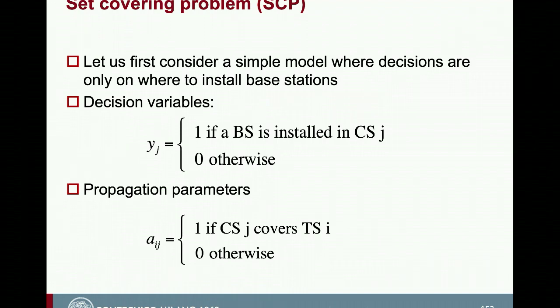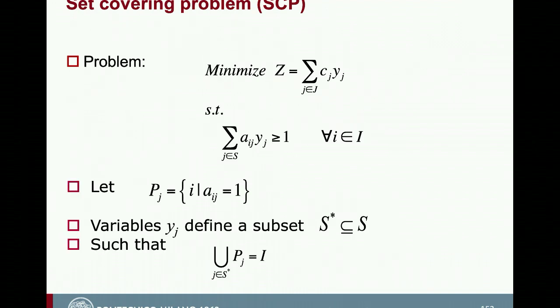For the first case, we are neglecting the aspects of configuration of base stations in candidate sites. So the propagation is just given by this matrix Aij, where the coefficient is equal to 1 if candidate site j covers this point i and 0 otherwise.